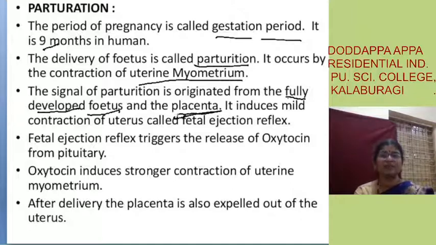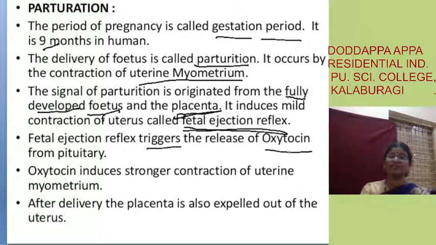It induces a mild contraction in the uterus, and this is called fetal ejection reflex. This fetal ejection reflex is triggered by oxytocin, which is released from the pituitary. Fine. This oxytocin shows a positive feedback mechanism. It is the best example for positive feedback mechanism.